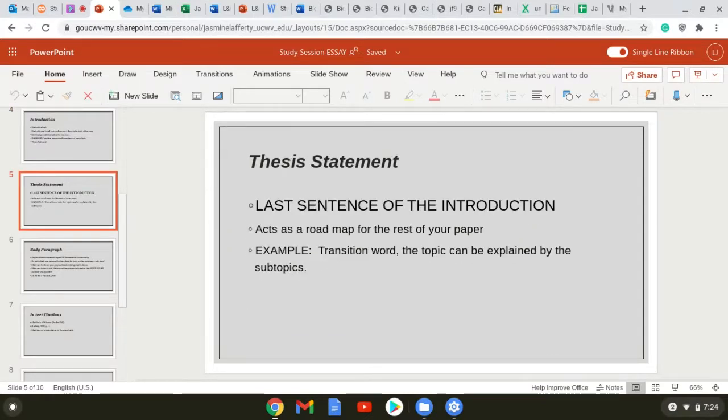I know if you haven't done at least a biology thesis statement before, so here is just the basic format. First, the thesis statement is the last sentence of your introduction.